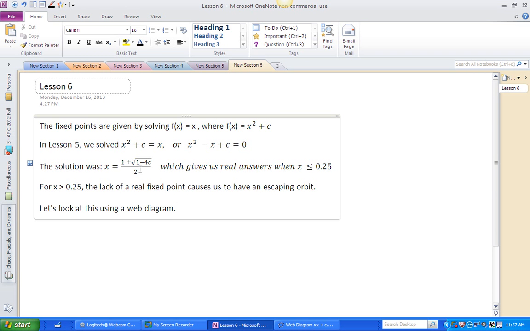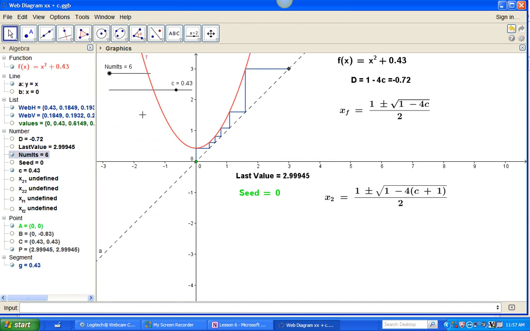We're going to look at this now using a web diagram. Here's my web diagram, and notice I'm starting with a value of c of 0.43, and this is stepping off to infinity. The reason it's stepping off to infinity, one way to put it, is because there is no fixed point. The fixed point will occur when the curve in red intersects the x = y line, the dashed line there.